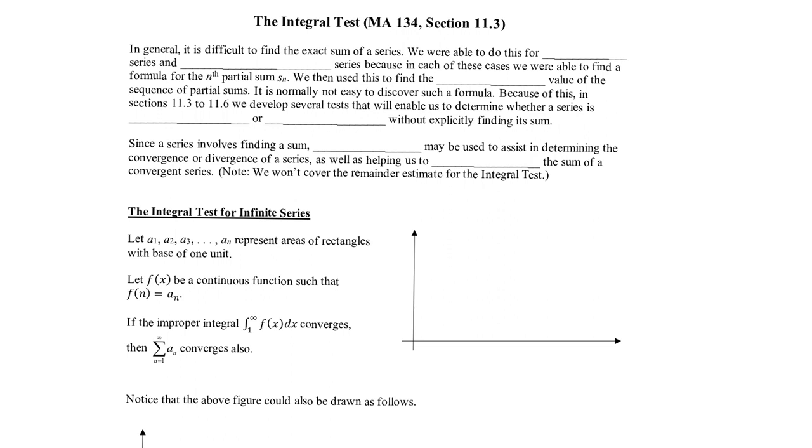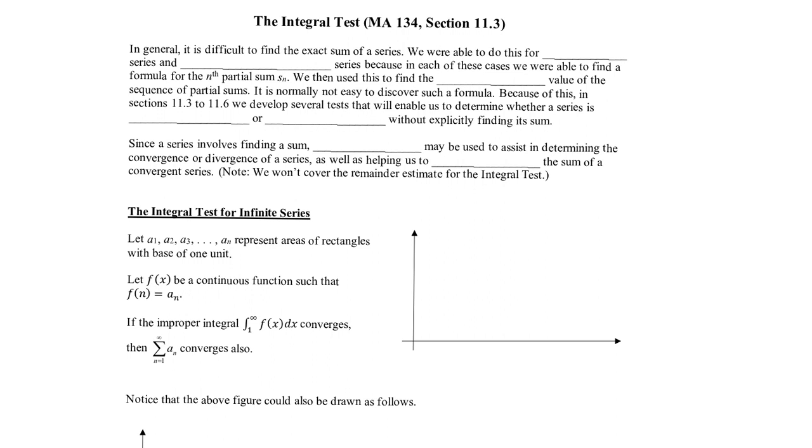And now we are ready to talk about another test called the integral test. These series tests are just tests to tell whether or not a series converges or diverges. Generally speaking, it's not easy to find the exact sum of a series.